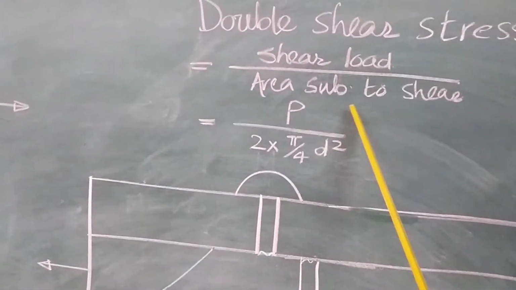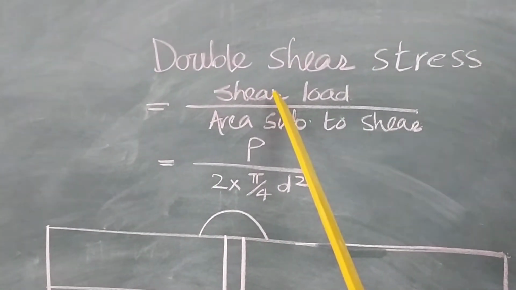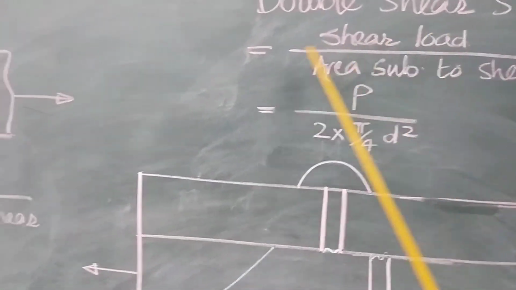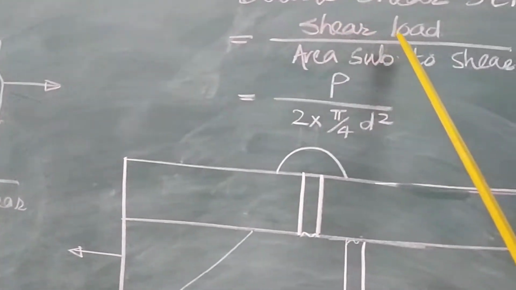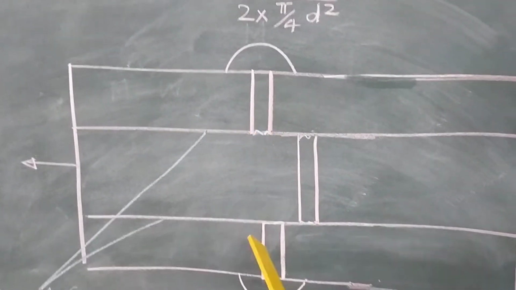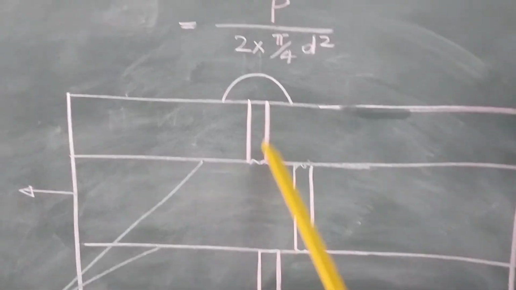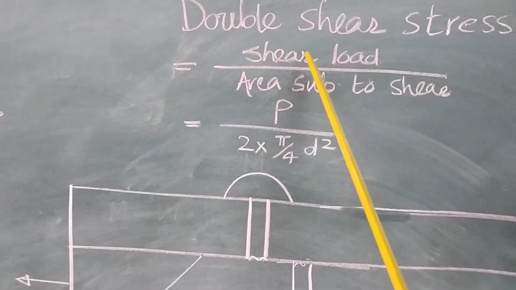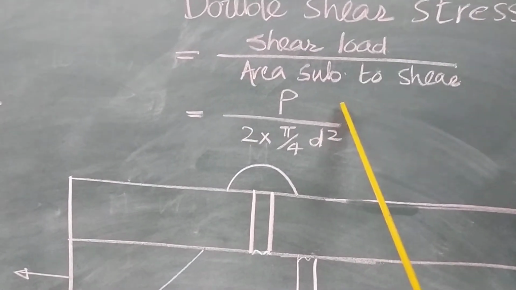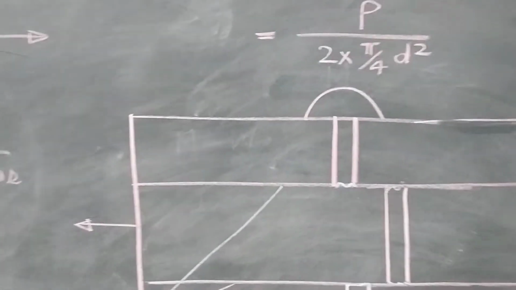So, what is double shear? It is shear load upon area subjected to shear. The same formula is there, only the difference is that it is double shear. Two areas will be under shear. So, P upon 2 into pi by 4 d square. This is nothing but double shear.